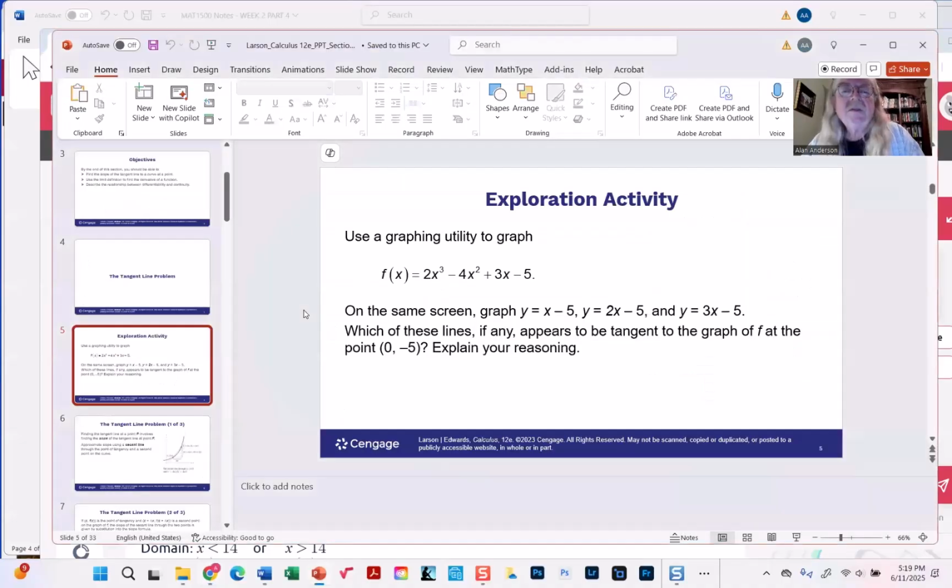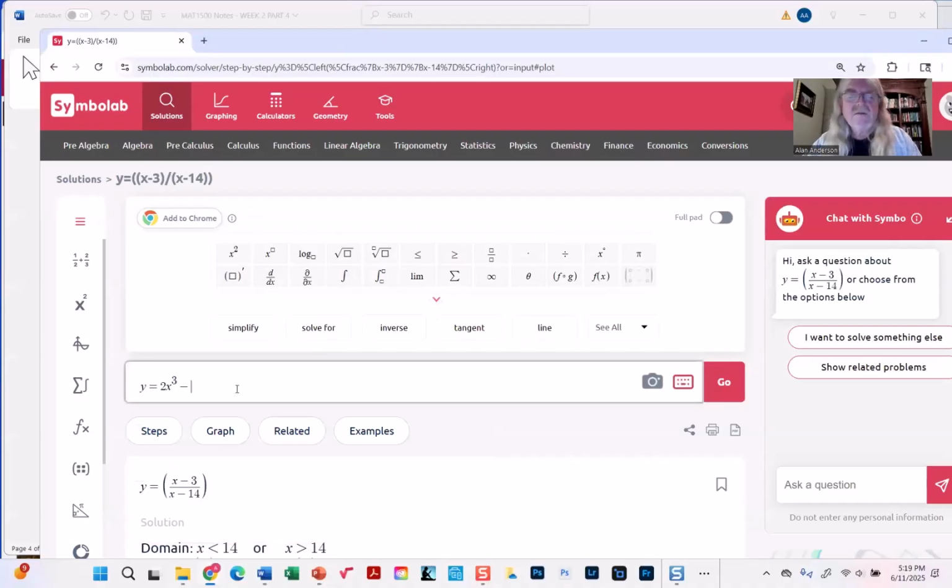All right, 2x cubed minus 4x squared plus 3x minus 5. All right, let's see. Now, of course, it's a cubic function. It's going to have a very unique shape.